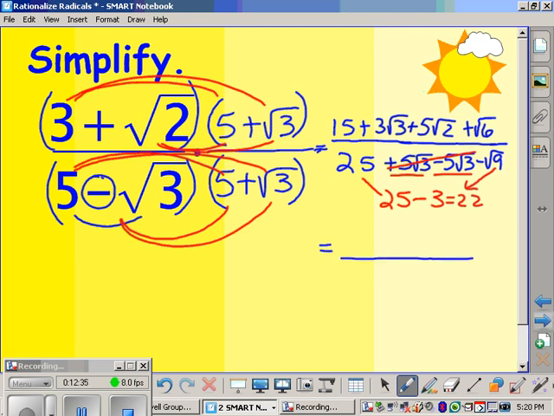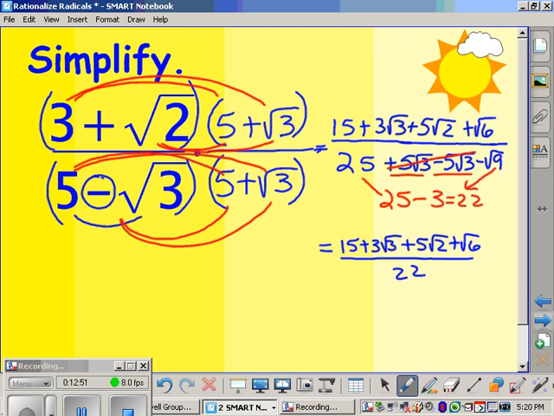So again, our numerator will remain the long string of terms, so 15 plus 3 radical 3 plus 5 radical 2 plus radical 6. But the denominator will simply have 22.